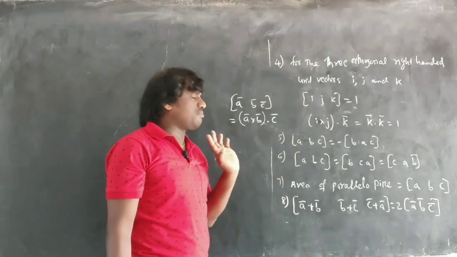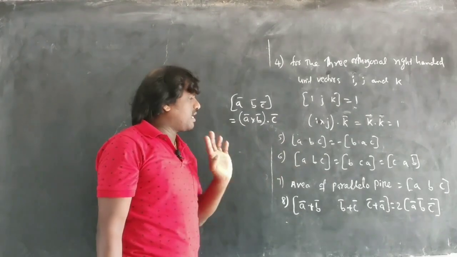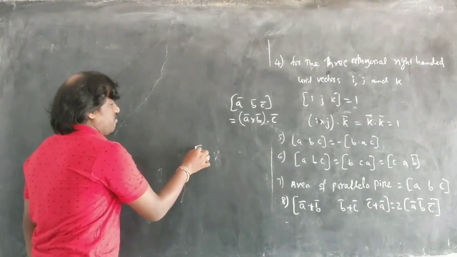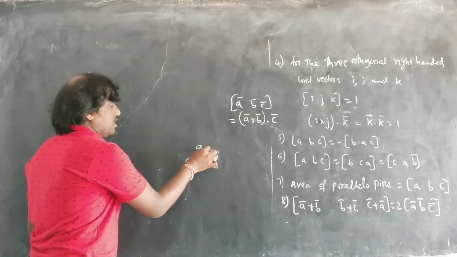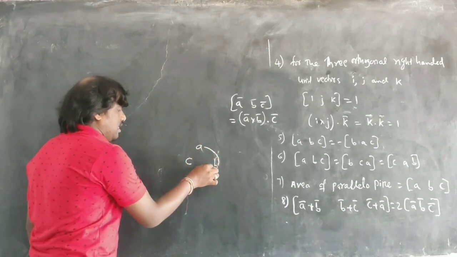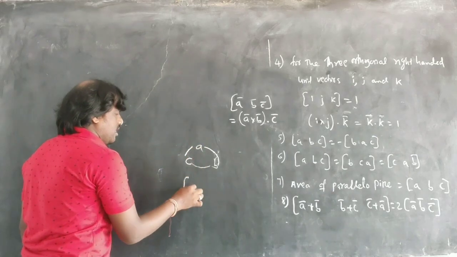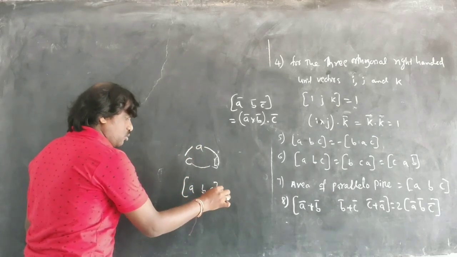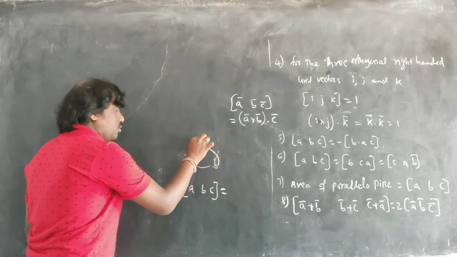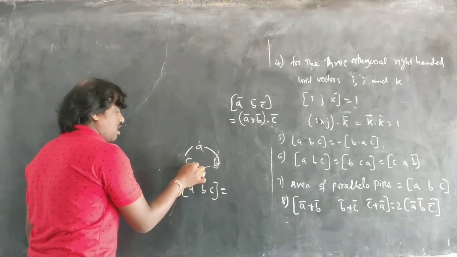Another one, this I explain to you cyclic wise. Whenever you have A, B, C, this cyclic, you are getting A, B, C. Like here you are getting A, B, C. This is okay. If you start here, you started counting here, right? It is a clockwise direction.